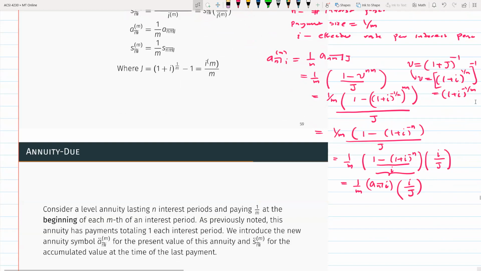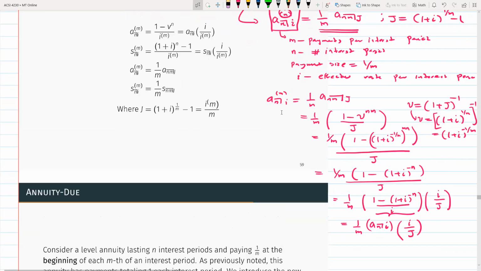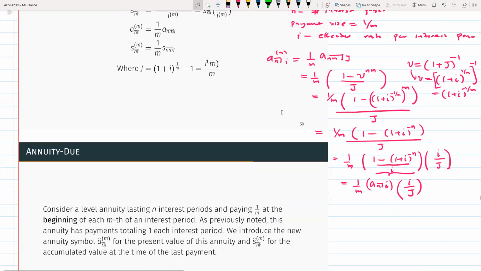So what is j? This j we are calculating. What's the real name? I have (1 plus j) to m equals 1 plus i. So if you look at this, j is basically i^(m) divided by m, because this is the nominal rate divided by m.